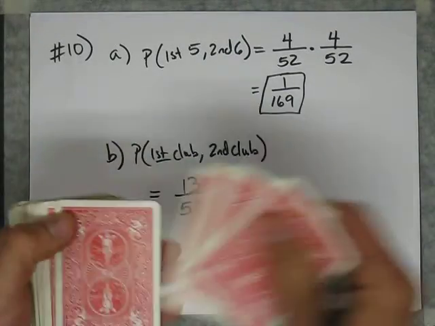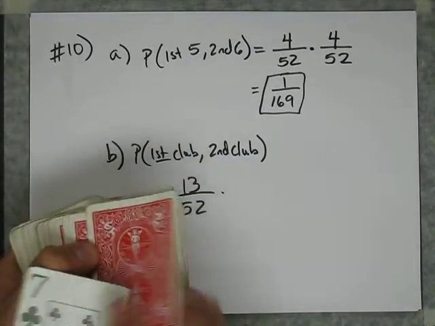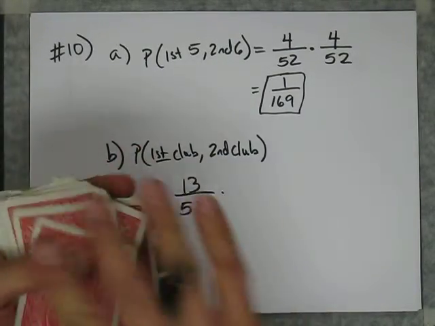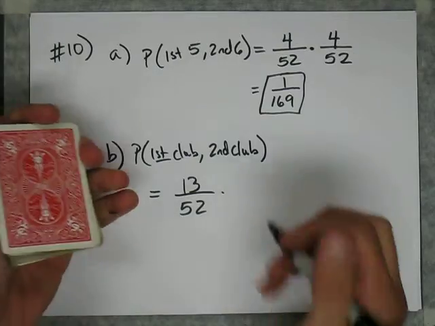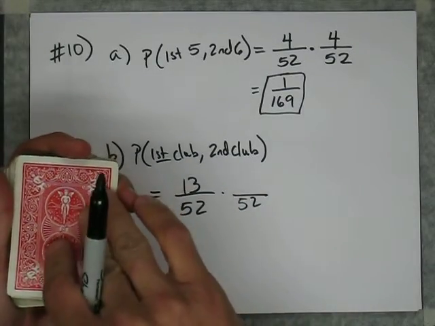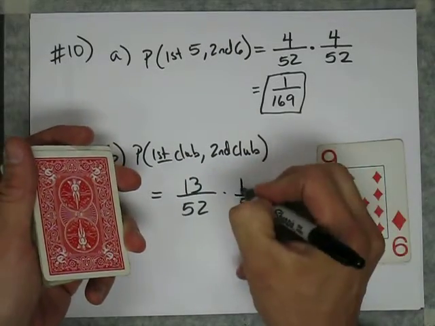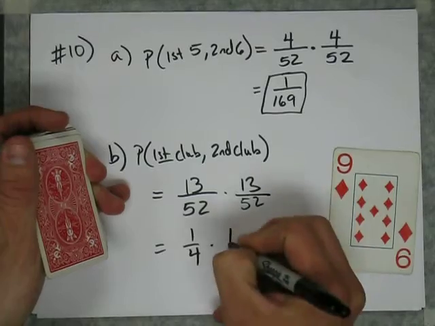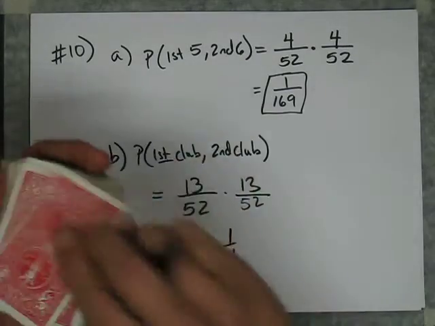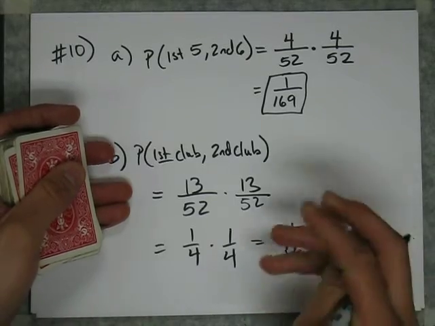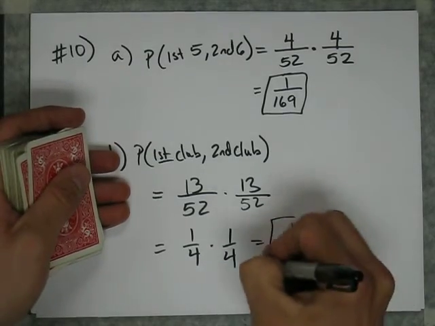The card goes back in, we shuffle it up. Oh wow, there was the club, that's what we wanted. We shuffle it back up. Now, there's still 52 cards in there. What's the probability? There are 13 clubs. Failed again. 13 over 52 is 1/4, 1/4, giving me a total of 1/16 that they're both going to be clubs.